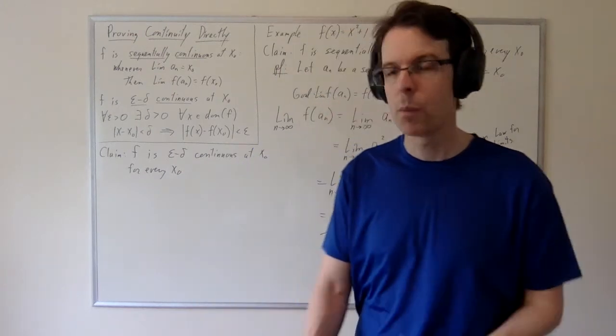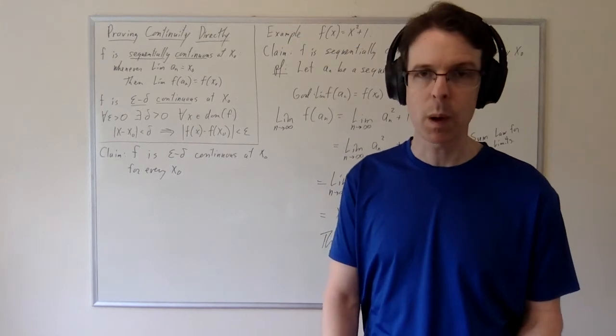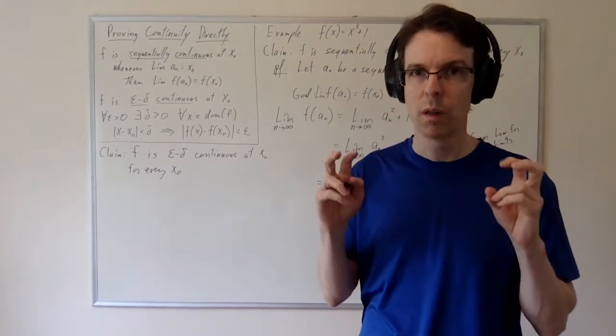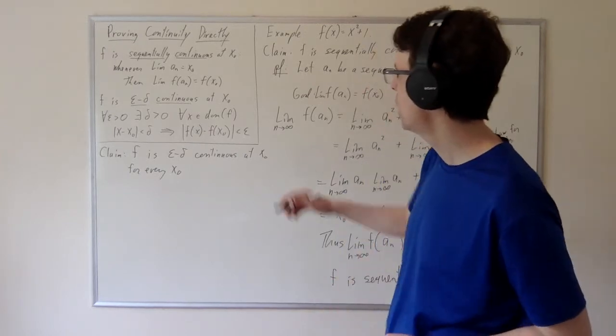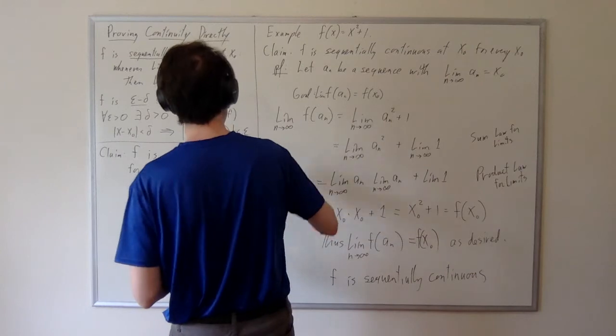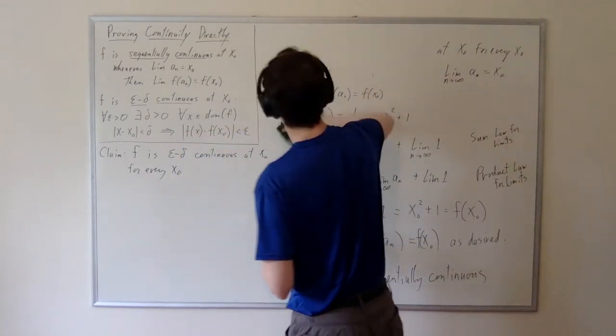If we had a different framework, if we'd started with epsilon-delta from the very beginning, then we could have power tools, and those power tools do exist, but we don't have them yet. And so we're going to do this the hard way. That's why this proof is going to be a little bit harder with epsilon-delta than it was this way. Okay, so let's have a look.